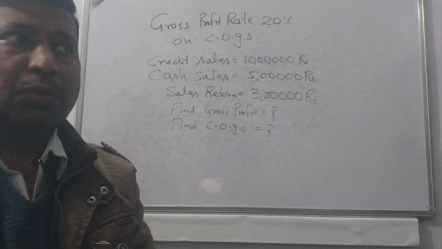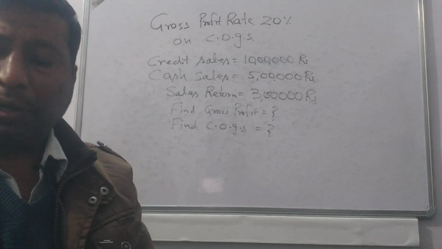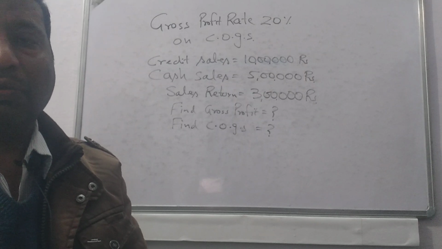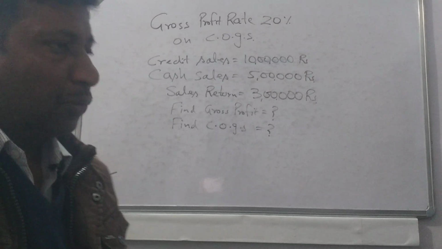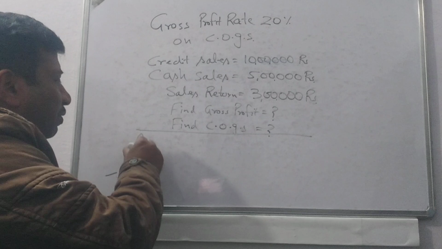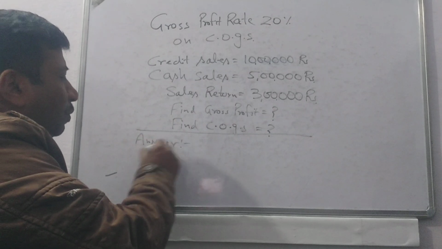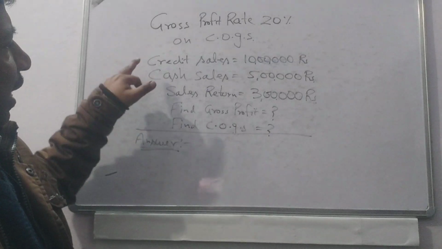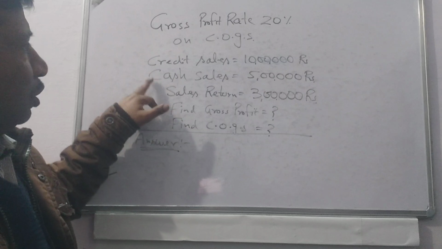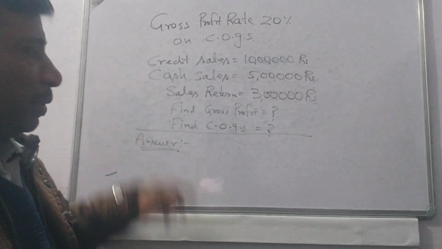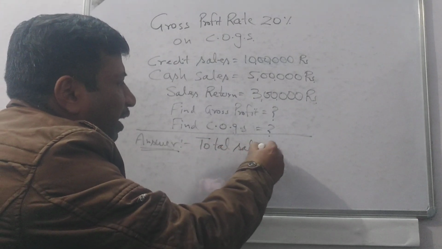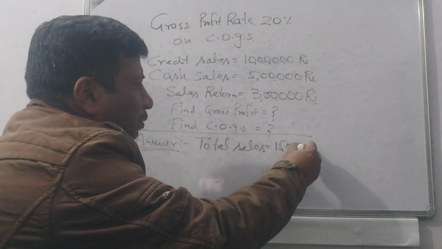So they were asking for COGS. We need to calculate how we can draw the COGS. So listen to the answer carefully. As you know, credit sales 10 lakh rupees and cash sales 5 lakh rupees, so total sales went to 15 lakh rupees.